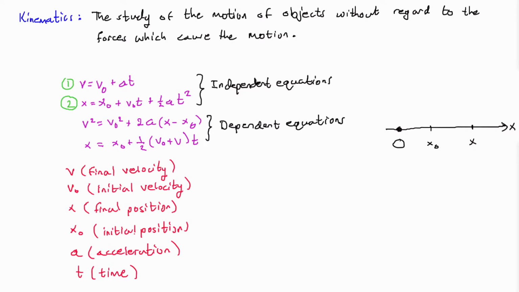So what information are we given about the basketball player? We're given the height that he jumped. Exactly, we're given the height, which is what? The position.